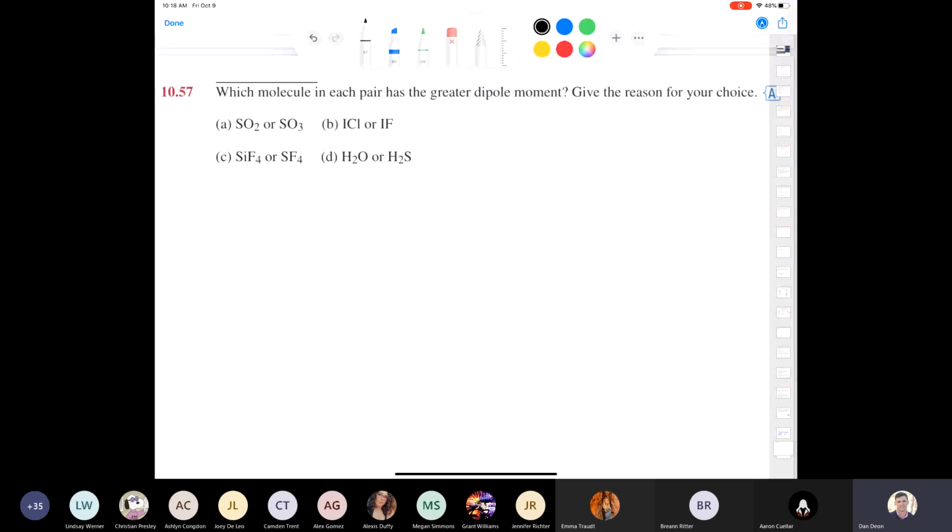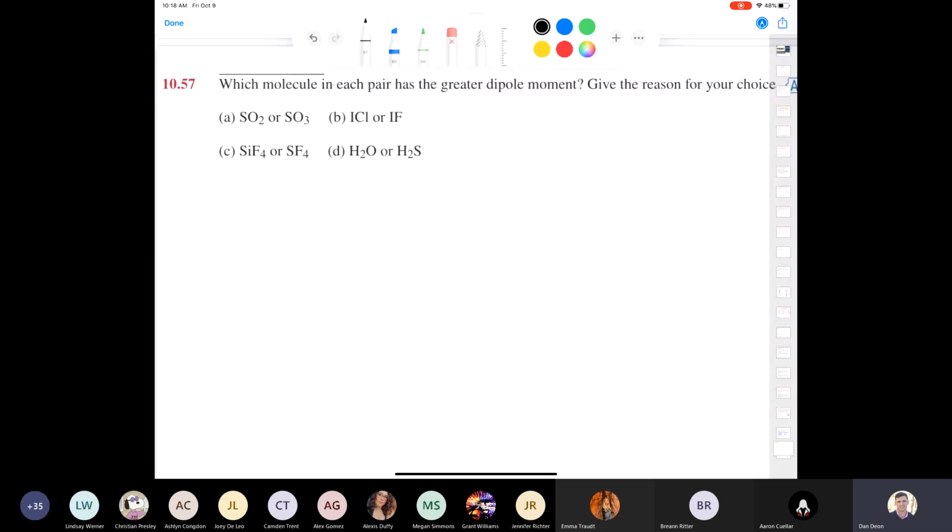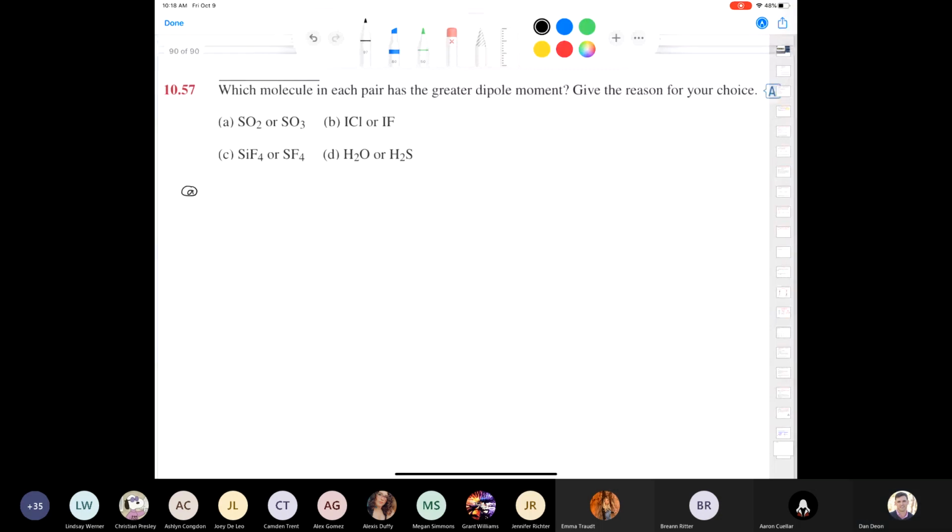So sulfur dioxide, SO2. This is A. Here's the Lewis structure for SO2. You can see that it has a bent geometry. We have 2 dipoles going this way, so overall our net dipole is going to be in this direction.